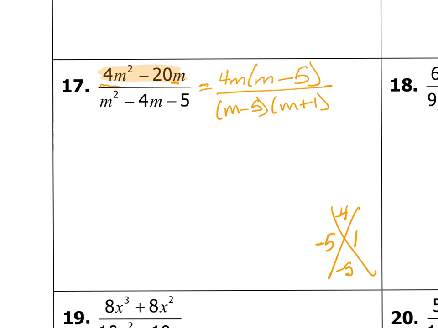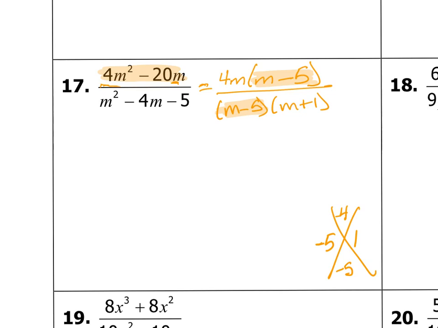And remember when I said, use what I already have? Look, I already know I had an m minus 5 up top, so I was pretty sure that I should have an m minus 5 in the denominator, and I did.